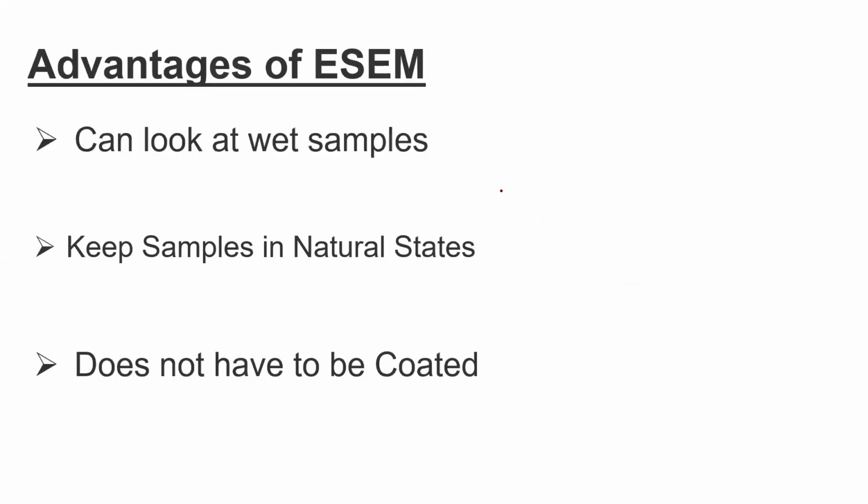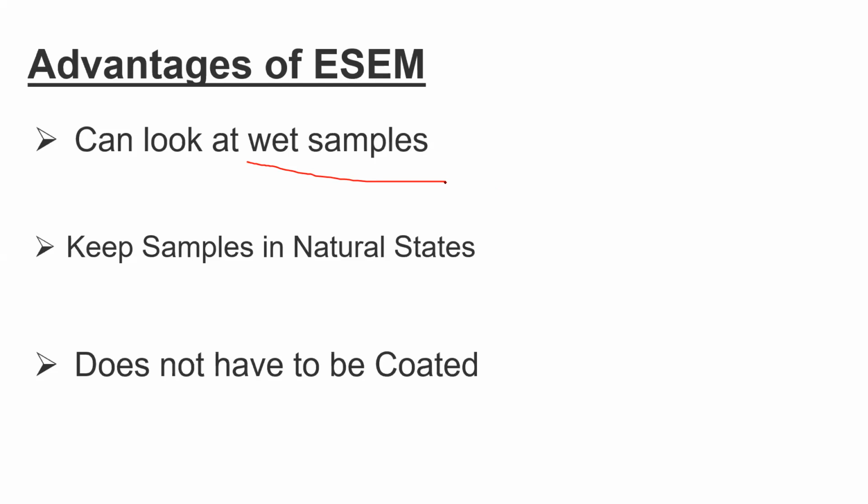The main advantage of the eSEM is that you can image wet samples. This is very important. You can image wet samples without having to dry them out. There is no need to dry. If we dry, what happens? Distortion of the sample, of the structure, of the topography takes place.